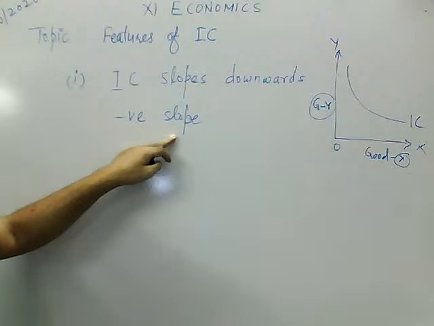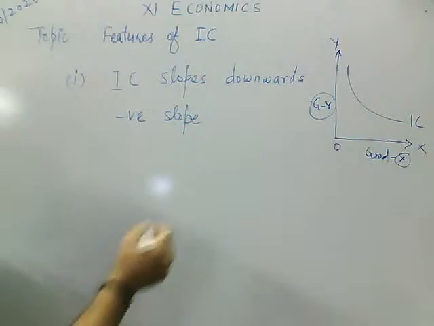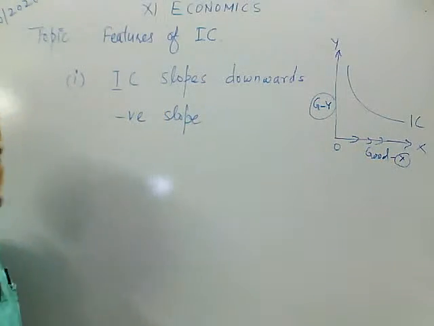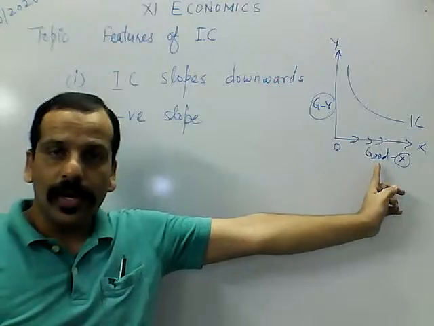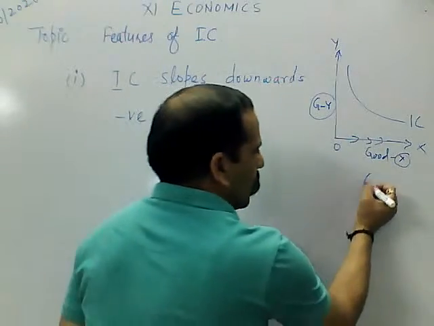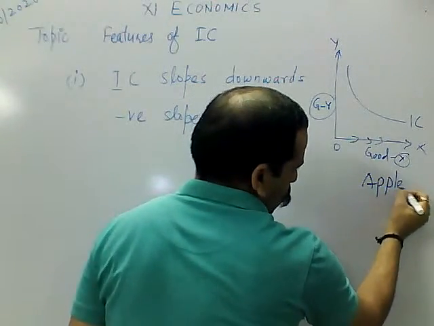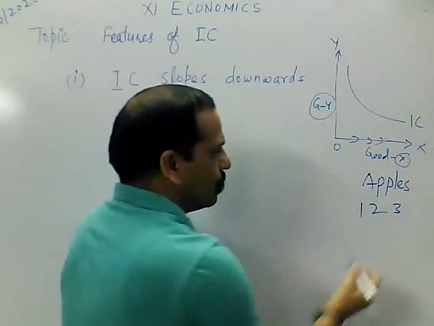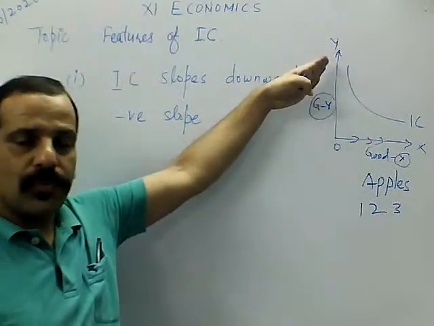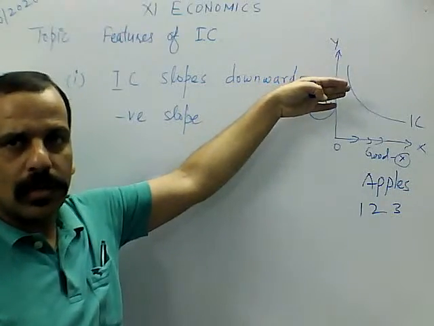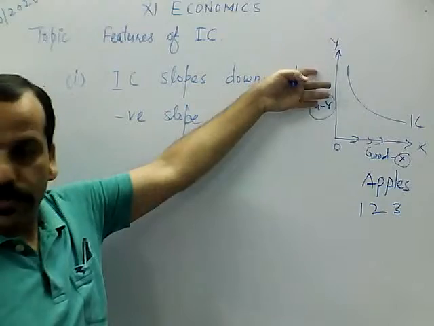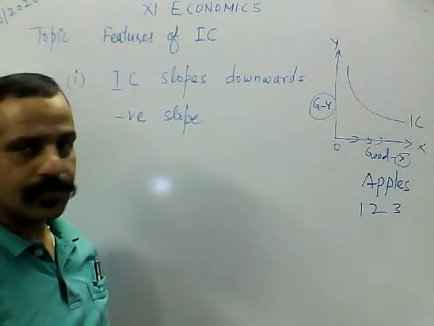If the consumer decides to get one more unit of apples, the second unit or third, you have to sacrifice more and more units of this Y commodity.